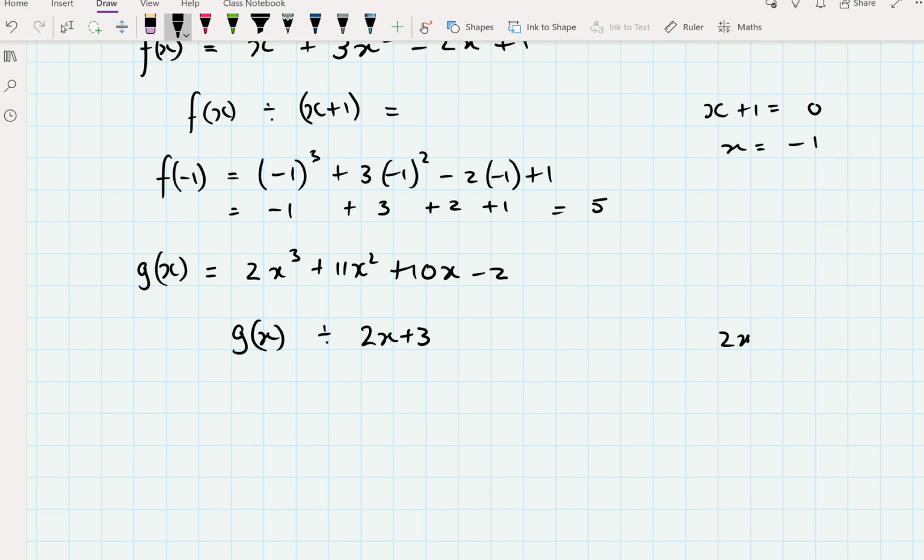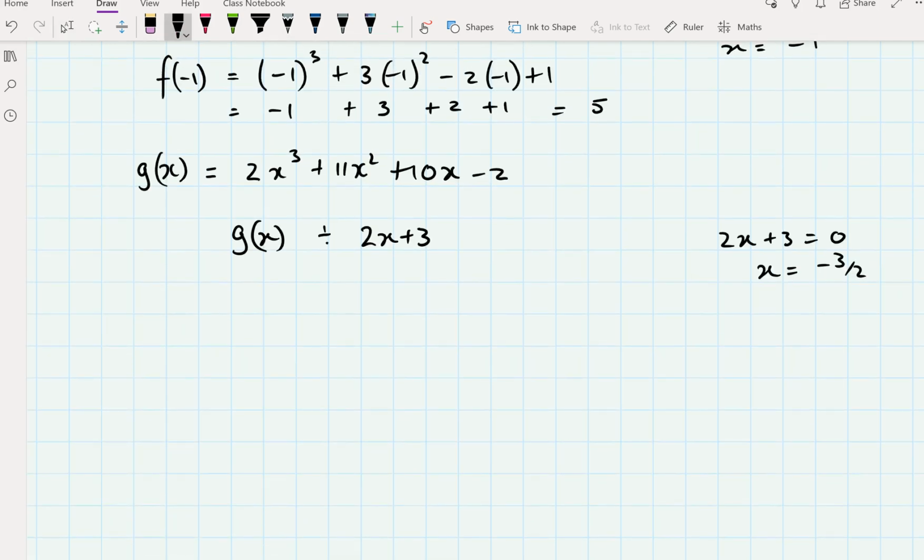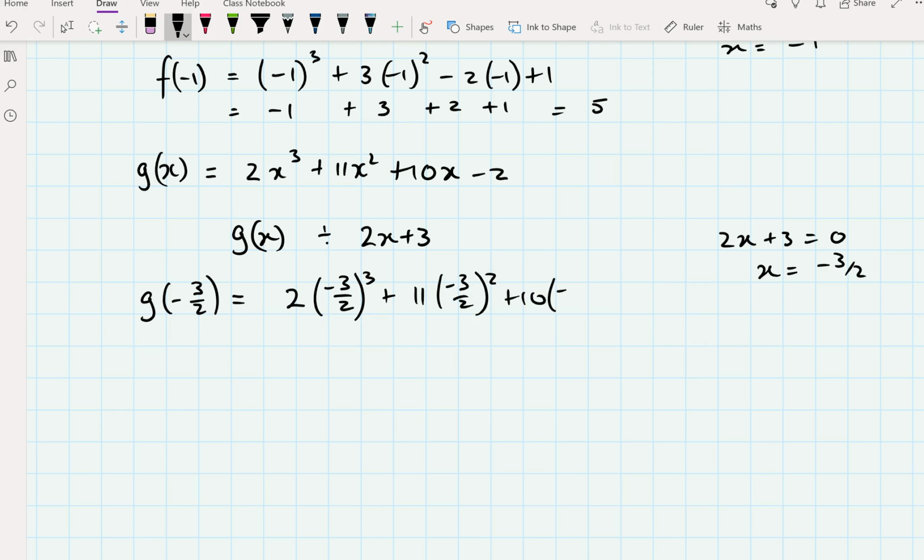Well, if 2x plus 3 equals 0, x has to equal minus 3 over 2. So if I find the value of g of minus 3 over 2, I should come up with the remainder. So what am I going to have here? I'm going to have 2 times minus 3 over 2 cubed plus 11 times minus 3 over 2 squared plus 10 times minus 3 over 2 minus 2.